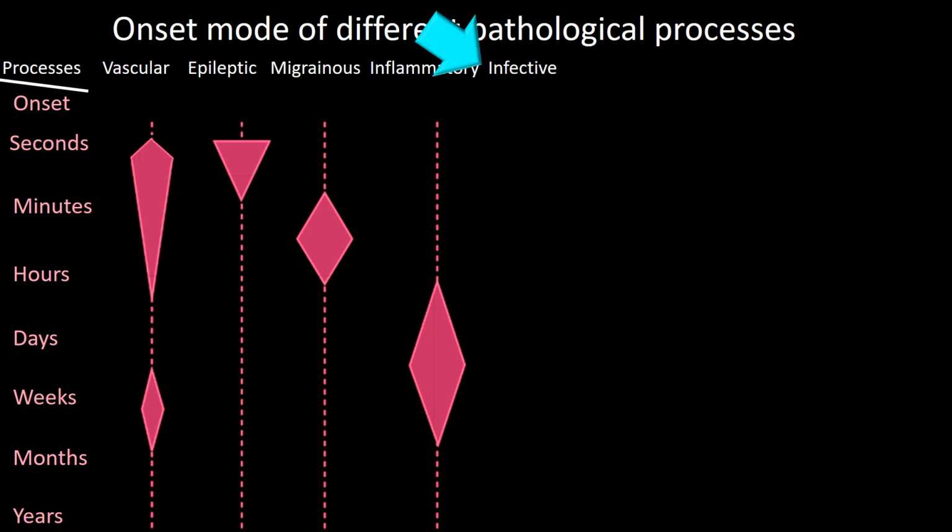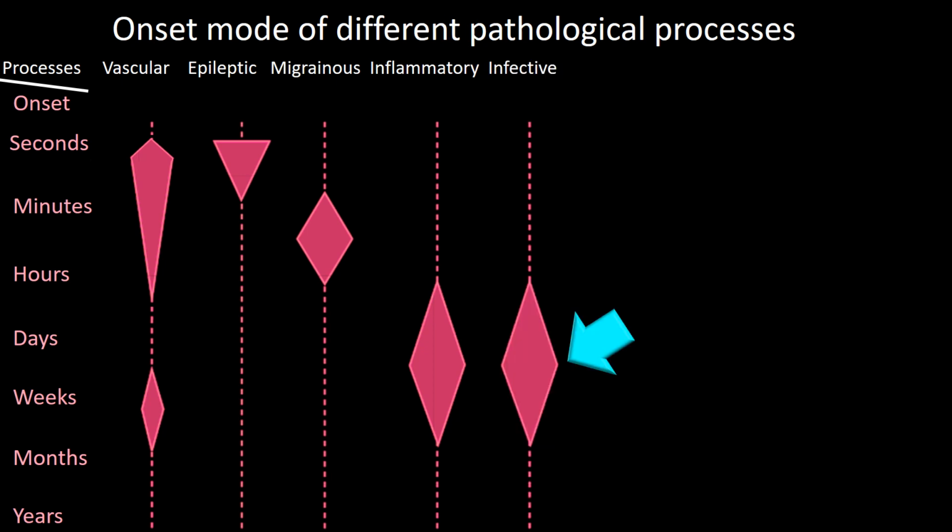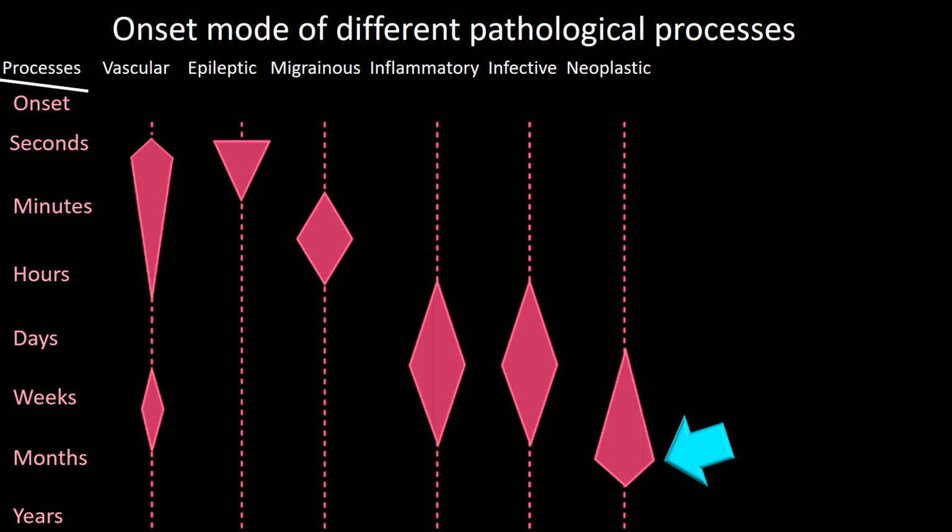Neurological symptoms of infectious processes have the same onset mode. Symptoms due to neoplasm most of the time reach maximal expression in a matter of 2-6 months, seldom in a matter of days, rarely over a 1-year period.